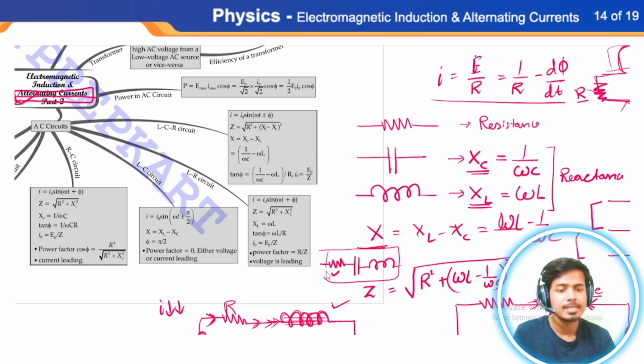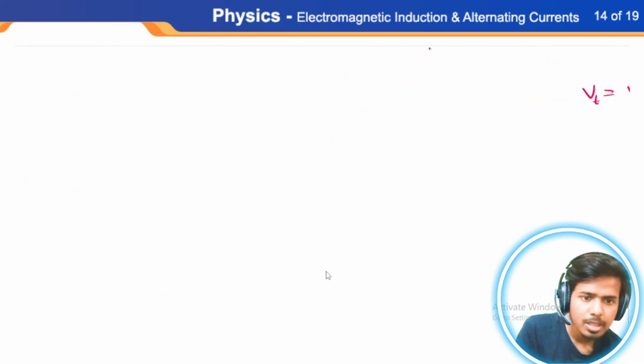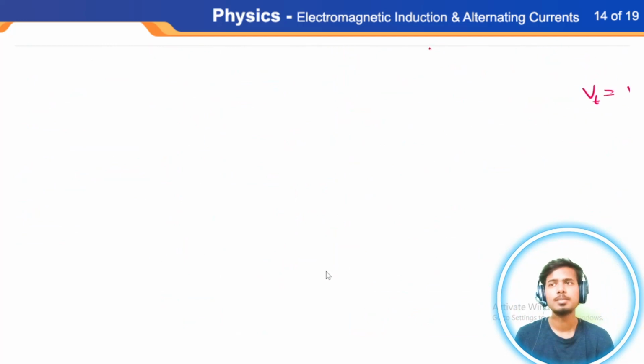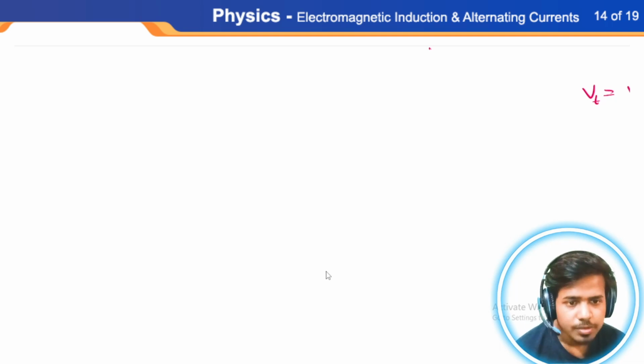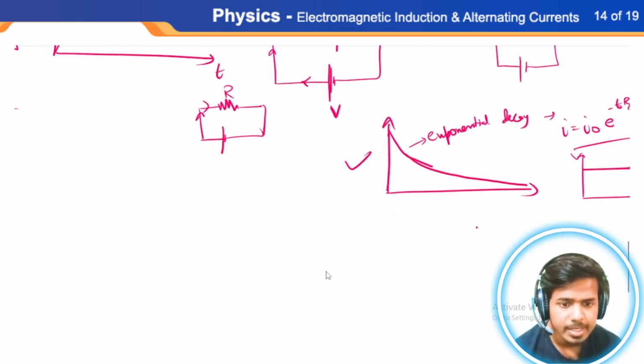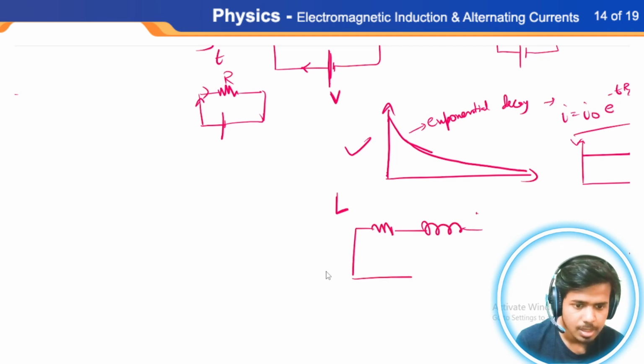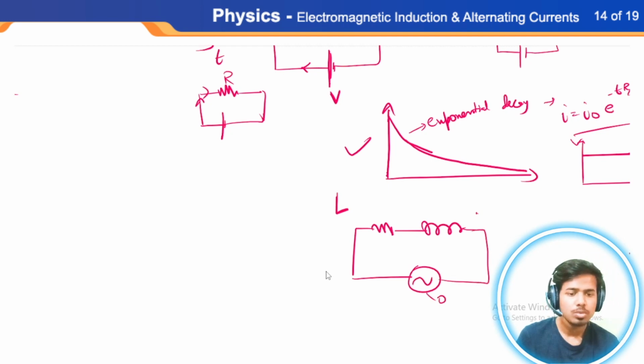Why I'm writing this as it is, I'll tell you now. In the case of L, or an inductor, this is an inductor and this is an alternating source. The moment the voltage is 0, the current is going to be maximum, and the moment it is maximum, the current is going to be 0, as we have understood in this case.